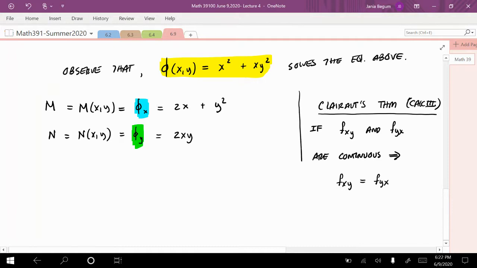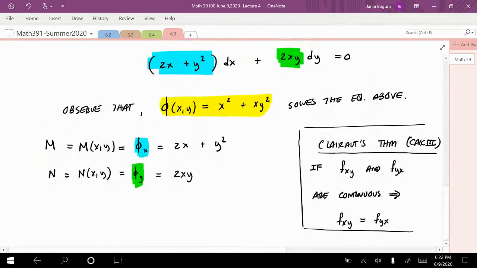That's the shortcut version of Clairaut's theorem: when you take the partial derivative with respect to y and the partial derivative with respect to x, the mixed partials are always equal.